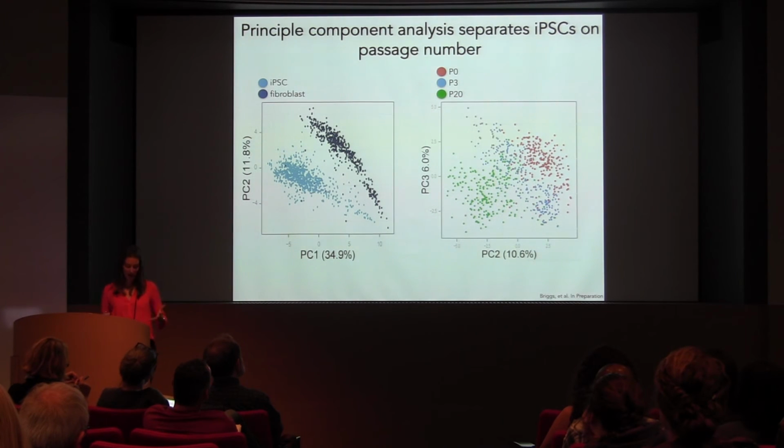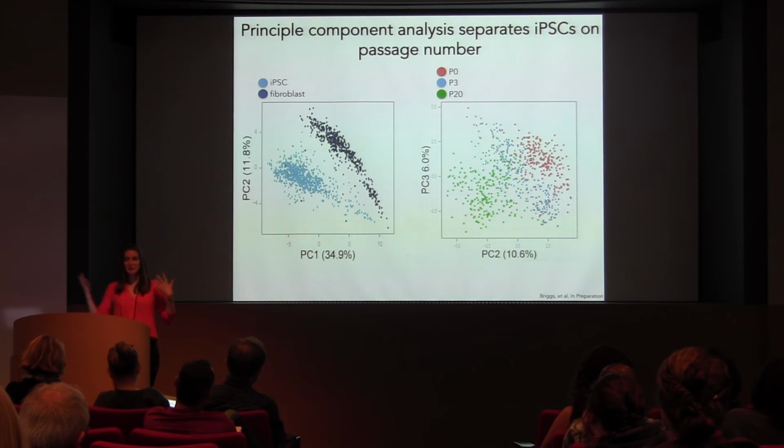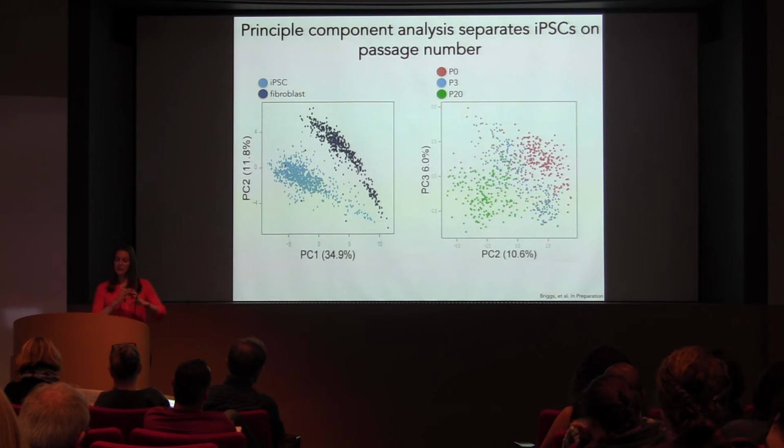And what was really striking and really interesting to see is that you see very good separation of these three groups. So over here we have passage 0, in the middle we have passage 3, and over here we have passage 20. And this recapitulates what we understand about the temporal order of passage 0, passage 3, and passage 20. And we were really interested to see if we can separate this really well with principal components.